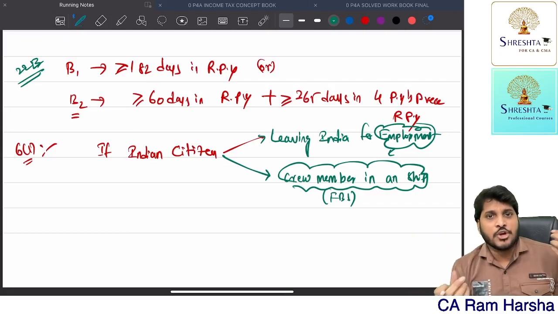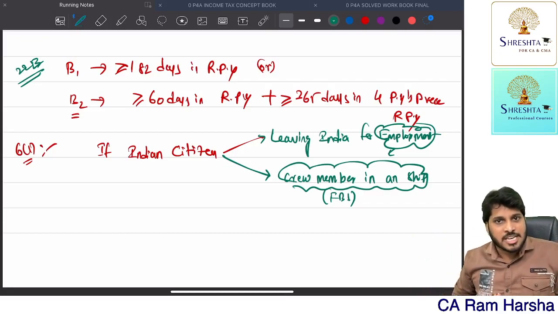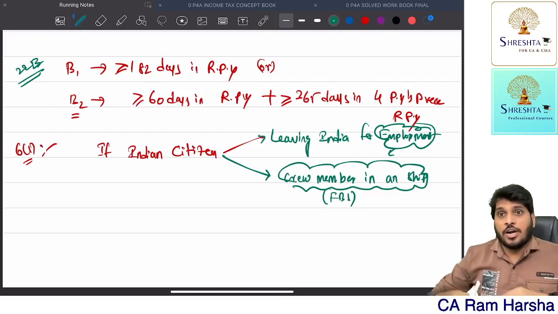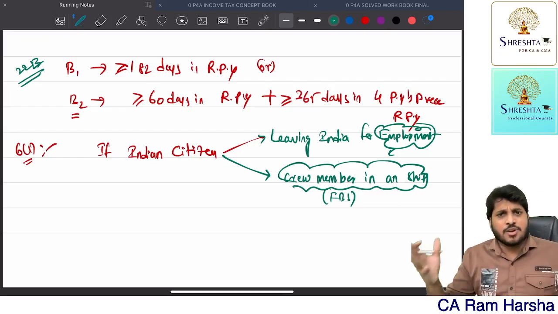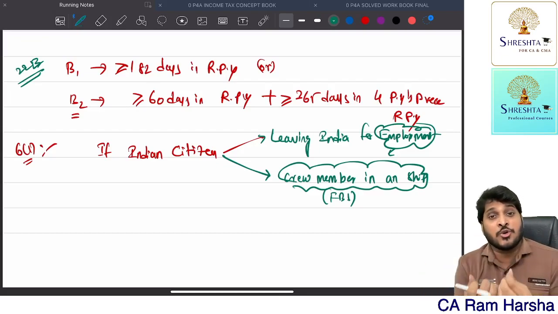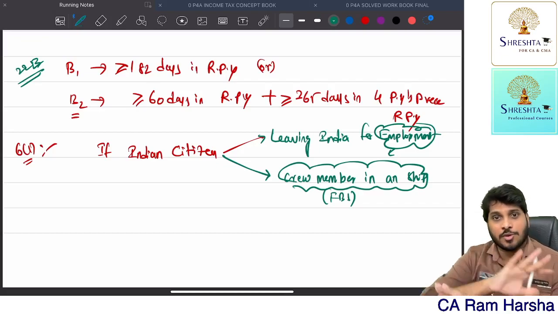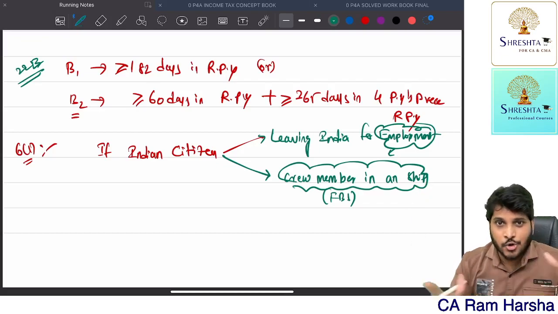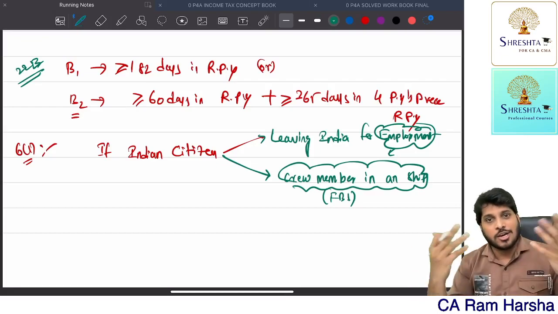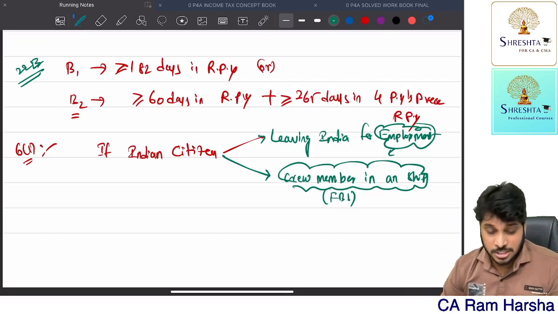If anybody works in my office, we call them staff members. Staff is a general word, it doesn't specify their role. Crew means they're working in the ship, so we simply call them crew members. In movies also you have crew and cast. Cast means those who appear on the screen. Crew means director and everybody else. Crew means those who are working inside that particular ship.